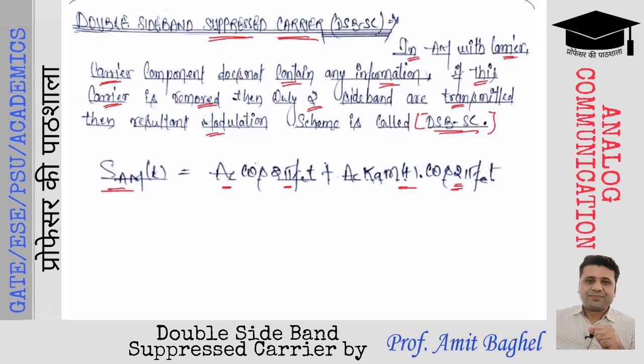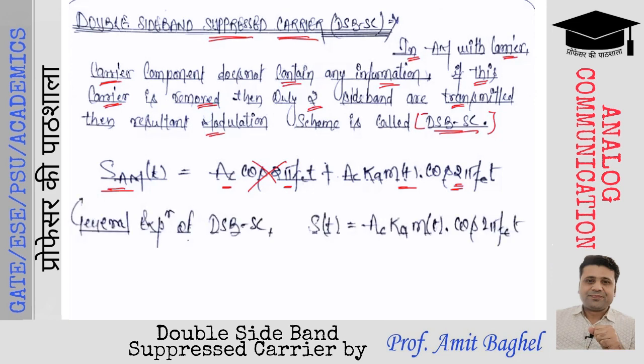Hence, suppressing the carrier from the standard AM signal will produce the general expression of the double sideband suppressed carrier modulation scheme. So the general expression of DSBSC is s of t equals Ac into ka m(t) cos of 2 pi fc t. इस expression में हमने carrier को remove कर दिया है, suppress कर दिया है.